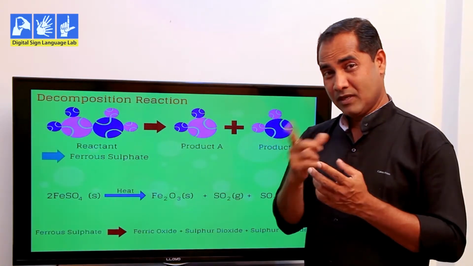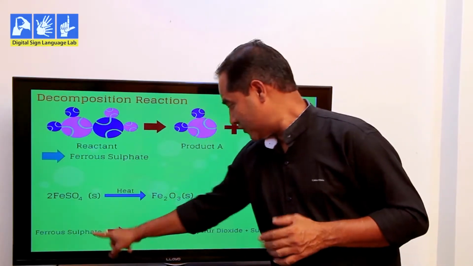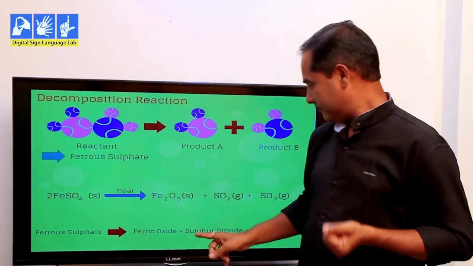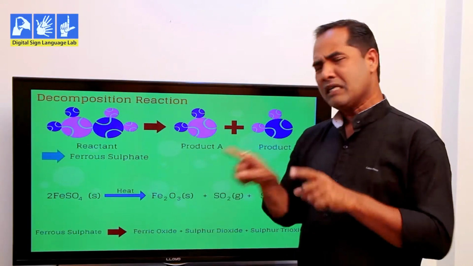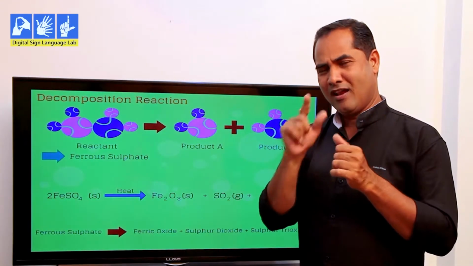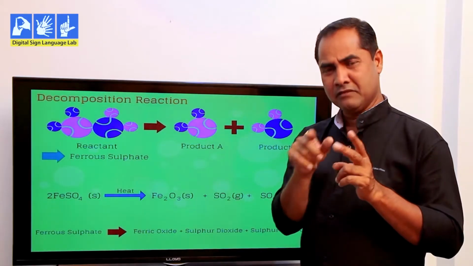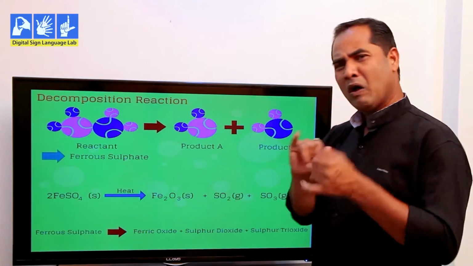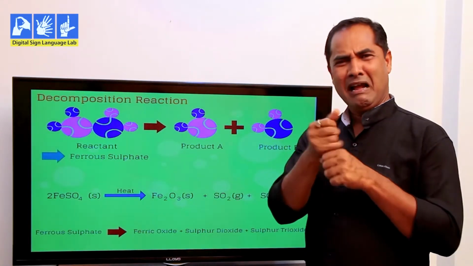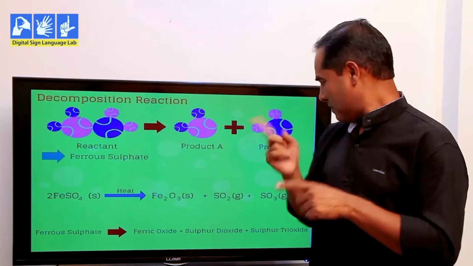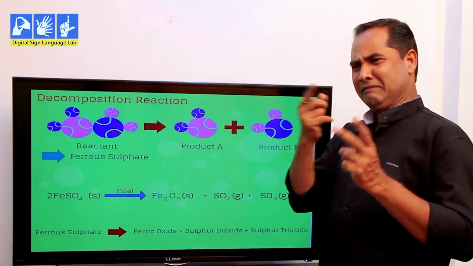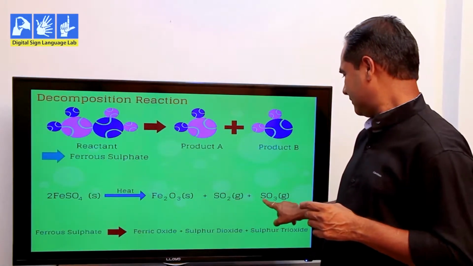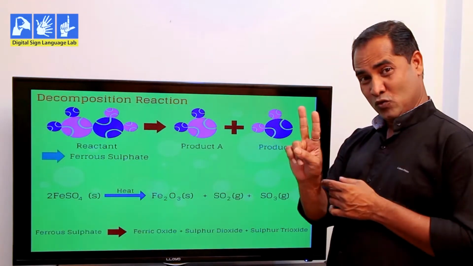So the chemical reaction which is happening here, when we heat ferrous sulfate, we get ferric oxide. Also, a gas called sulfur dioxide. And a third gas called sulfur trioxide, SO2 and SO3.